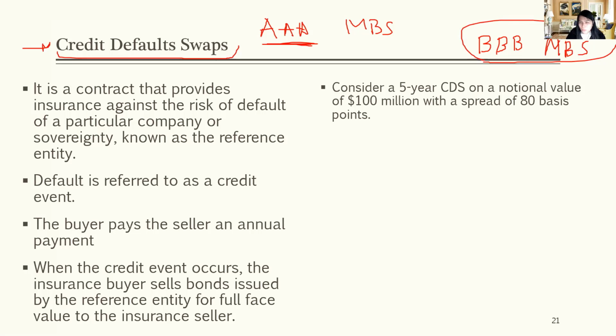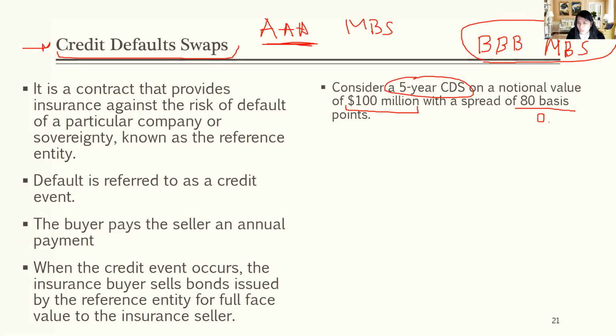So, for example, if I've got a 5-year credit default swap contract on a notional amount of 100 million, right? So let's say I've got 100 million securities to hold, and I want to buy insurance for my portfolio for 5 years. This is what I'm going to buy, okay? I'm going to buy a 5-year credit default swap, and I'm going to pay to the insurer 80 basis points.